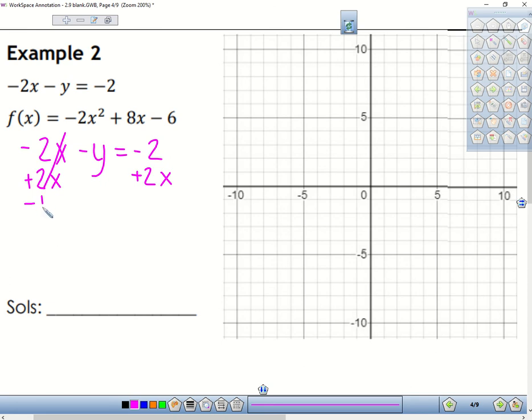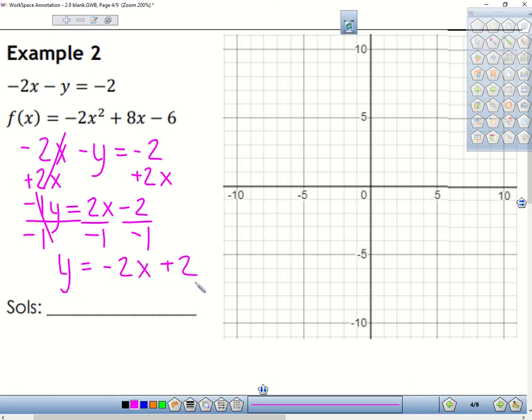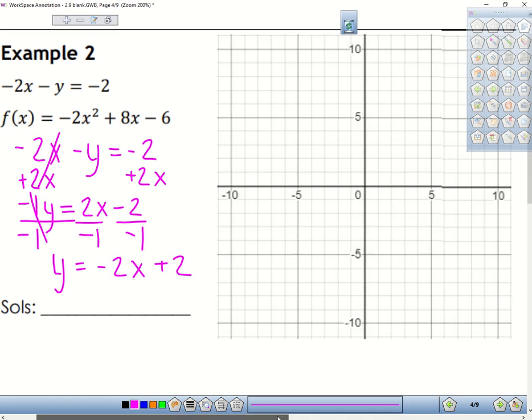This gives me negative 1y equals 2x minus 2. I divide both sides by negative 1, which gives me y equals negative 2x plus 2. Did everybody get that, to that point? Okay, good job.